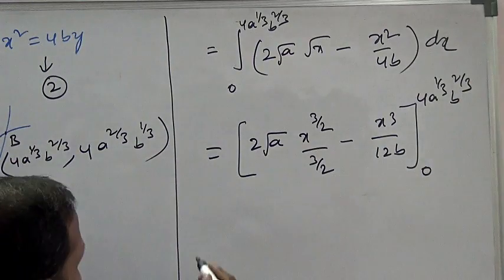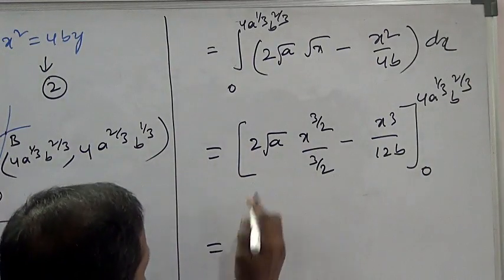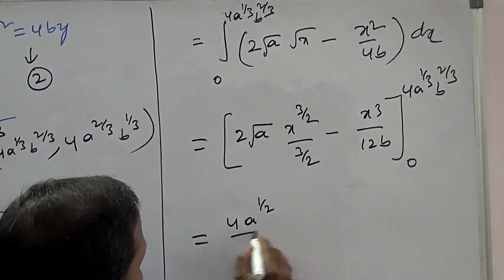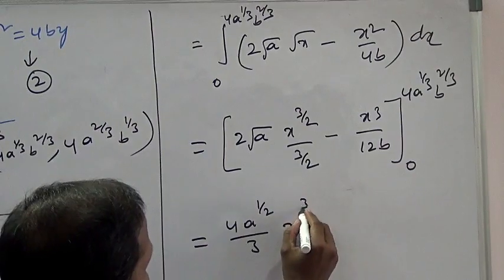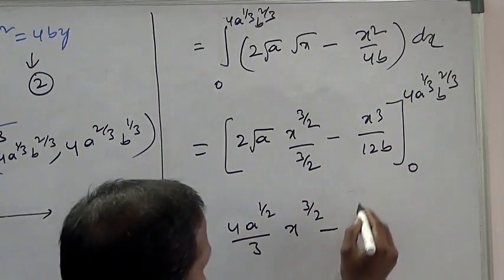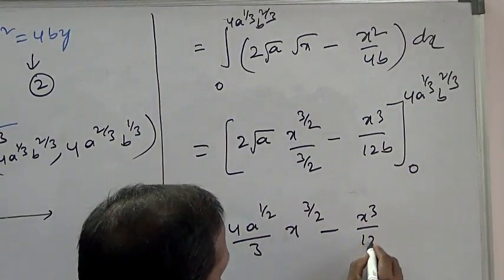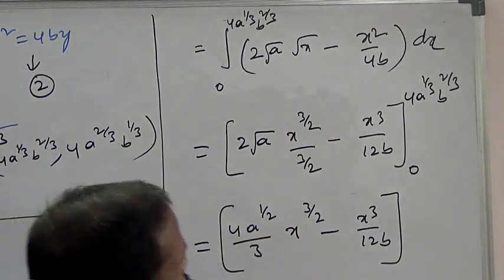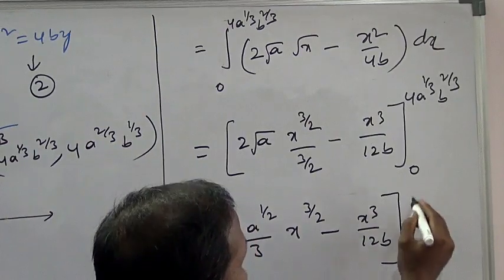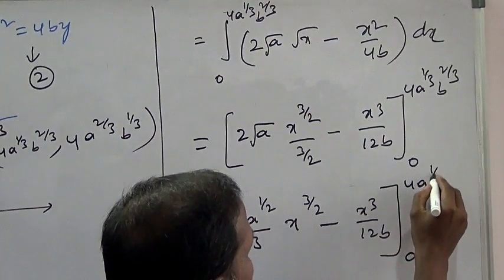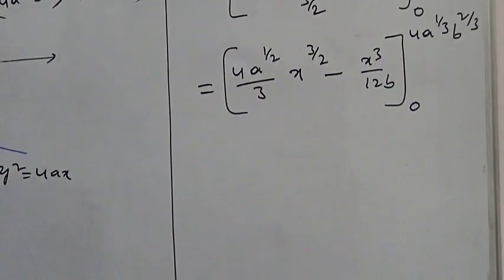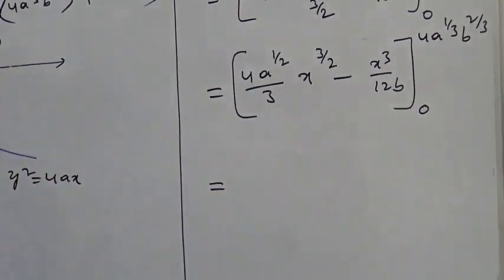Now this is equal to 4a^(1/2) by 3 x power 3 by 2 minus x cube by 12b. I have not yet substituted the limits 4a^(1/3) b^(2/3). Now substitute the limits.